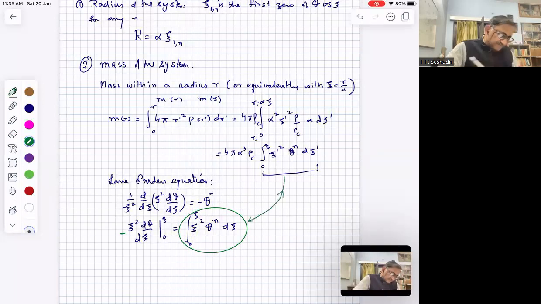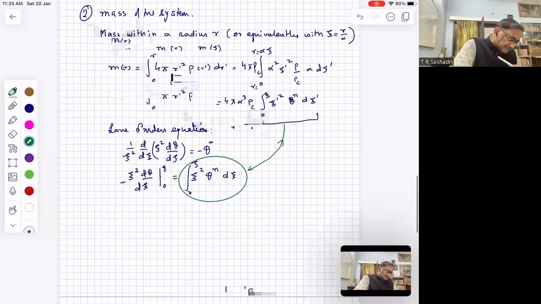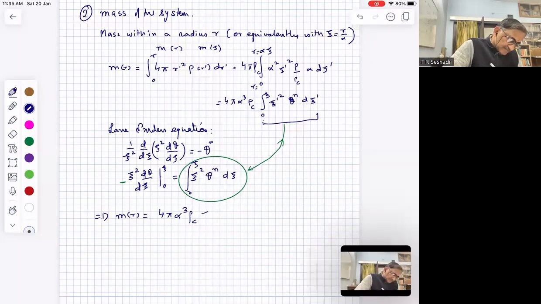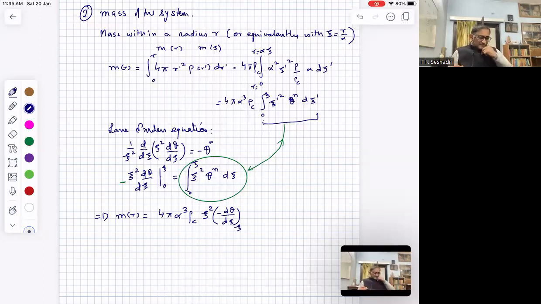They are the same, which means that I can write the mass within a radius r is equal to 4 pi alpha cube rho c xi square minus d theta by d xi evaluated at xi. All right.